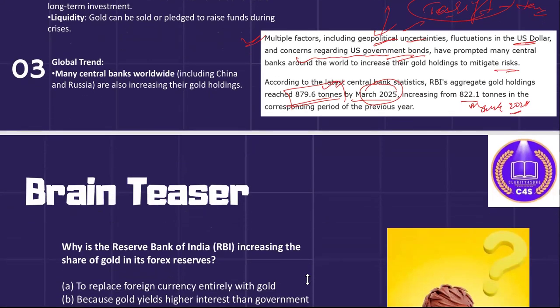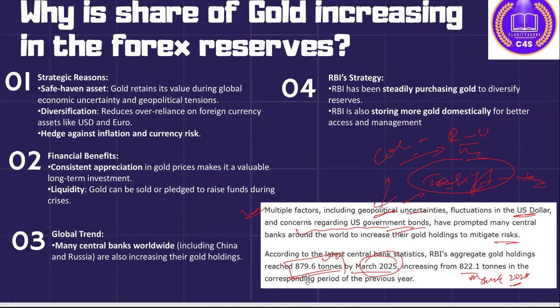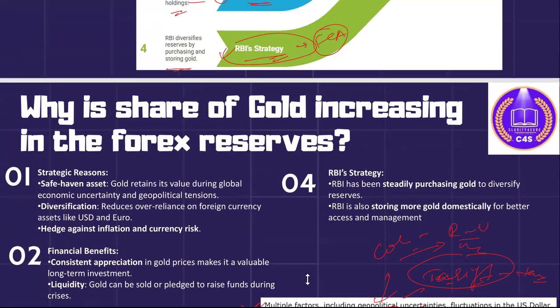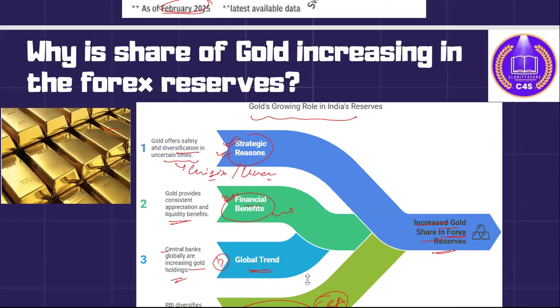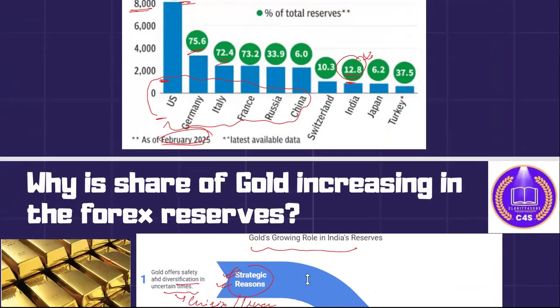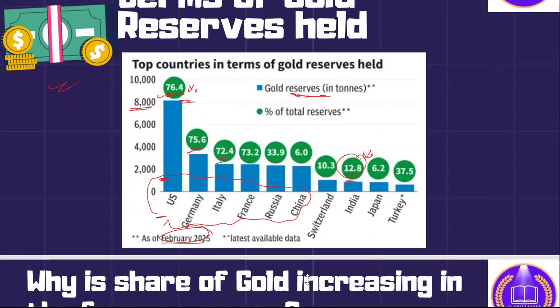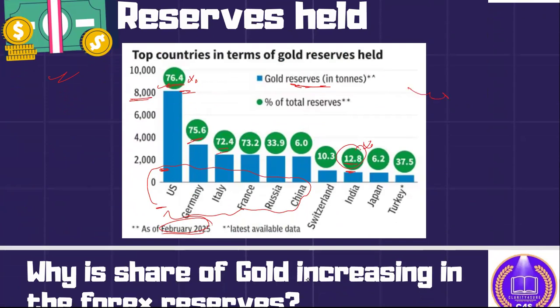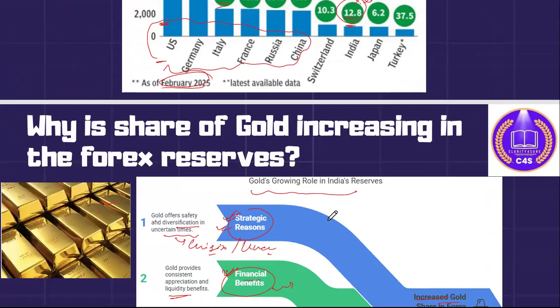Now, coming to the next slide, we have spoken a lot about gold and the forex reserve, why India is increasing the gold reserve, the prime reason behind that, and what the global trend is that the world's major economies are following with gold in their overall reserves. We understood lots of things in this slide.